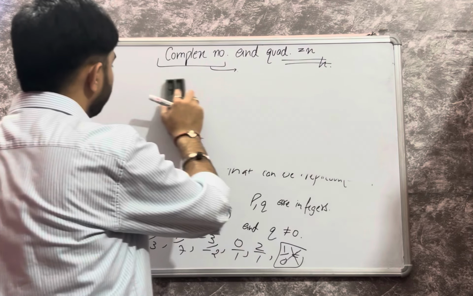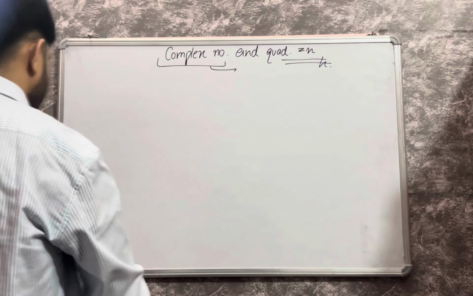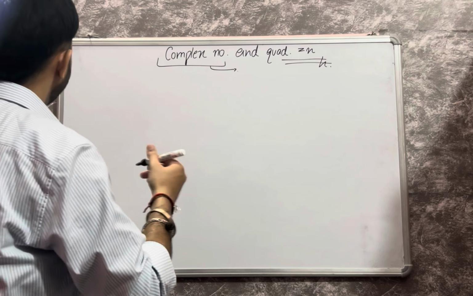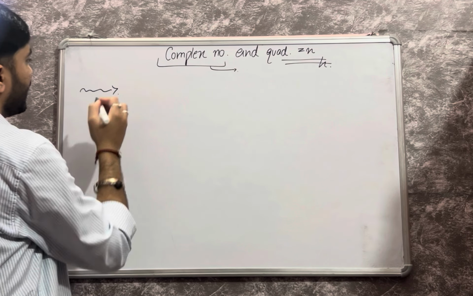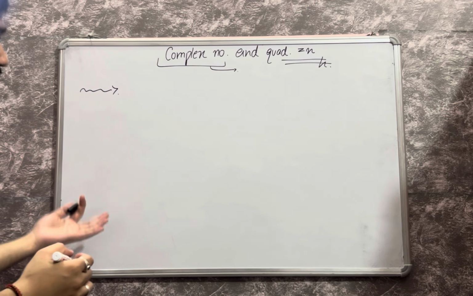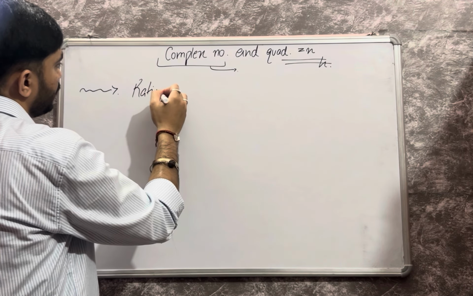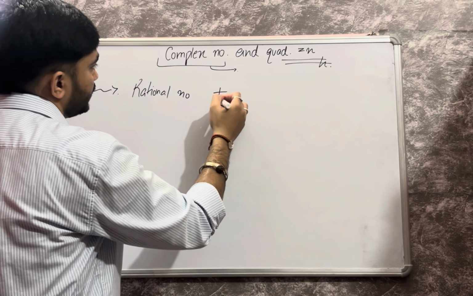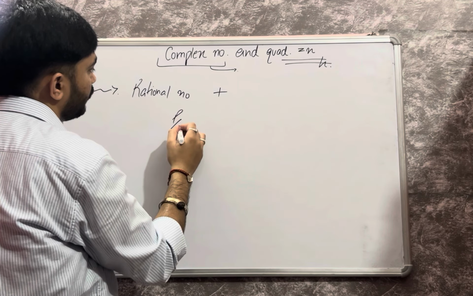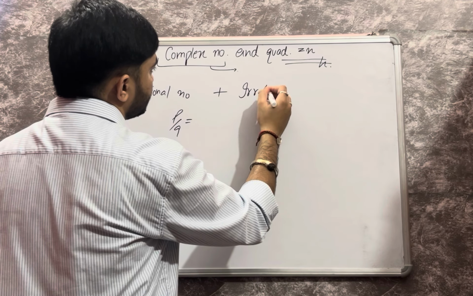Now we have got some idea of what are natural number, integers, rational numbers. Now moving forward, we have some number that cannot be represented in the form of P upon Q. These numbers are known as irrational number.